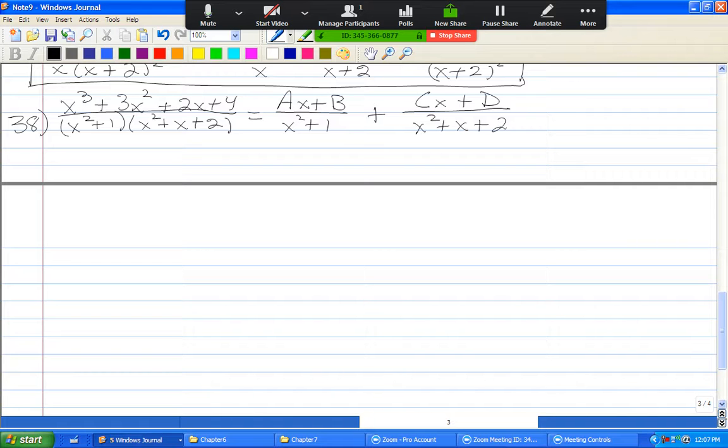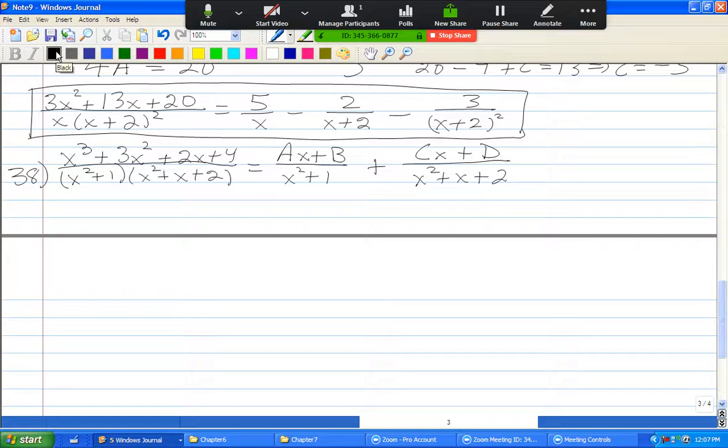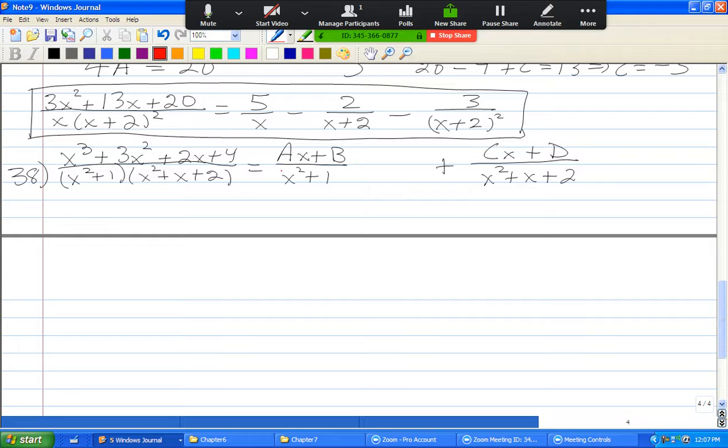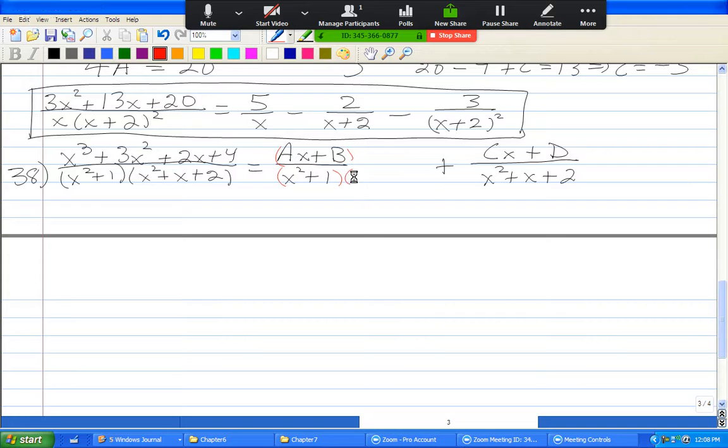So let me simplify this. Actually, let me move this out so I can multiply by things. So let me multiply and divide by x squared plus x plus 2, and let's multiply and divide by x squared plus 1.